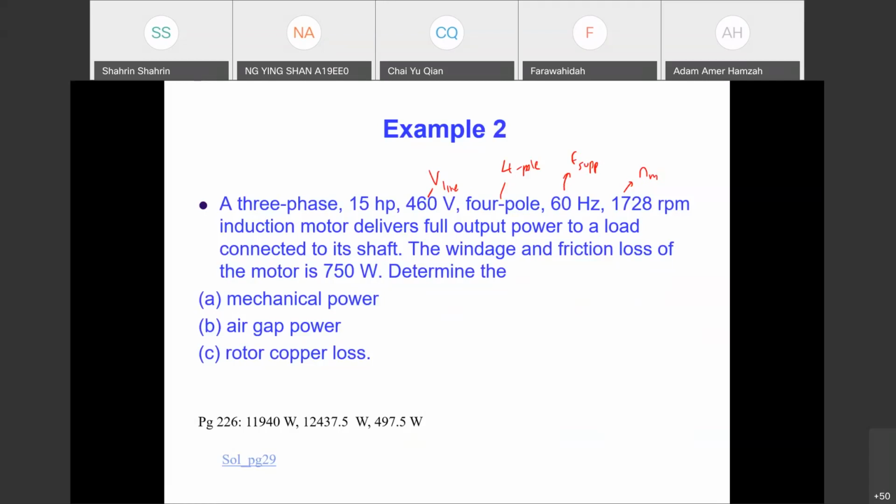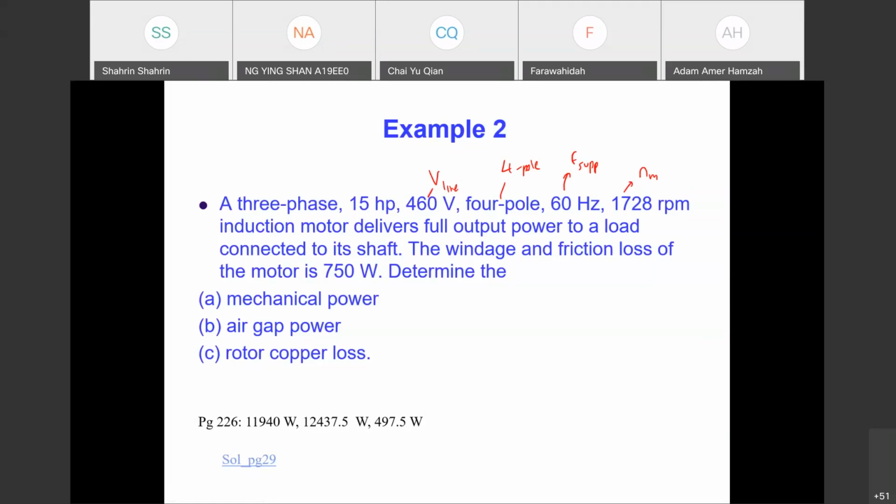It delivers full output power to a load connected to its shaft. The windage and friction losses of the motor is 750 watt. So windage and friction losses, this one is mechanical losses we didn't cover in our syllabus. So determine the mechanical power. This solution example has also been shared in your WhatsApp group.